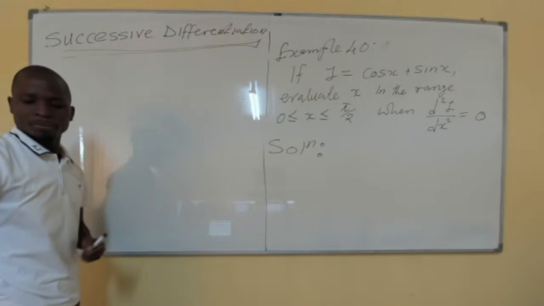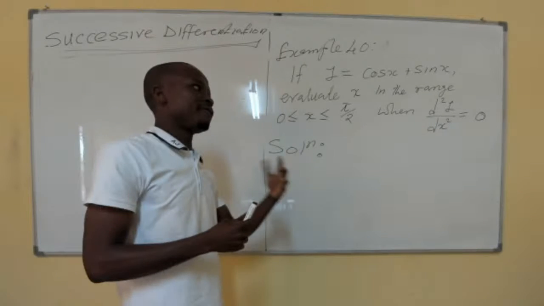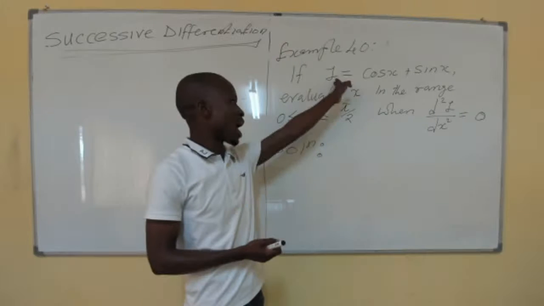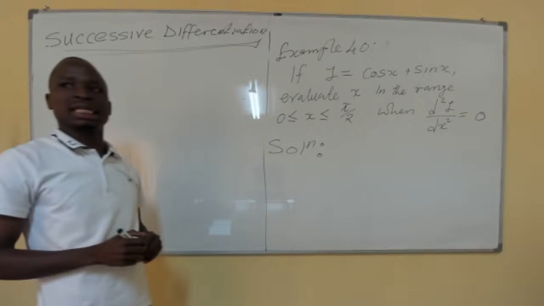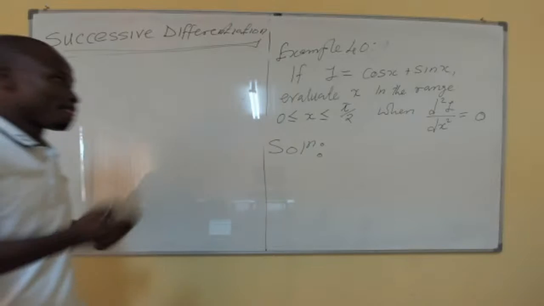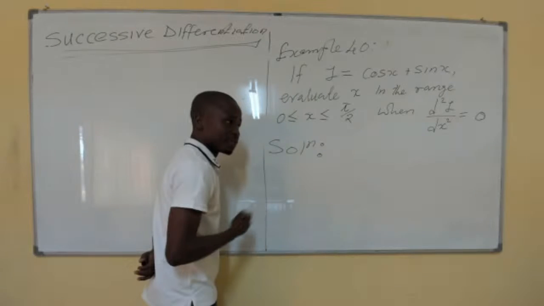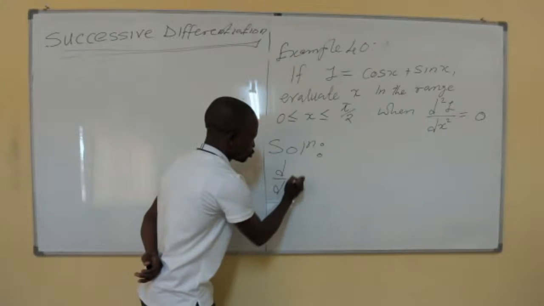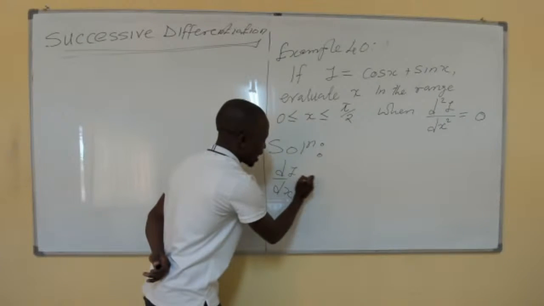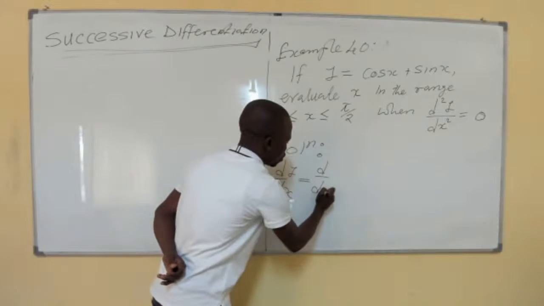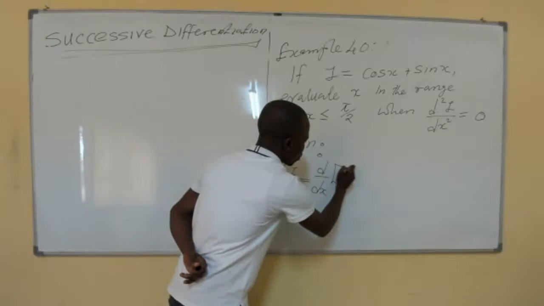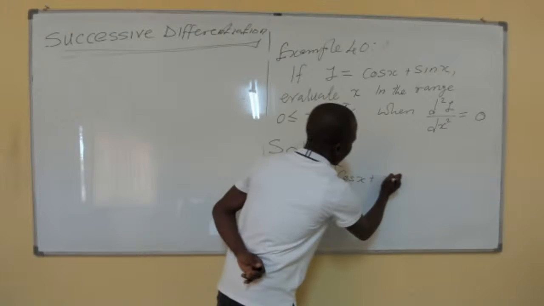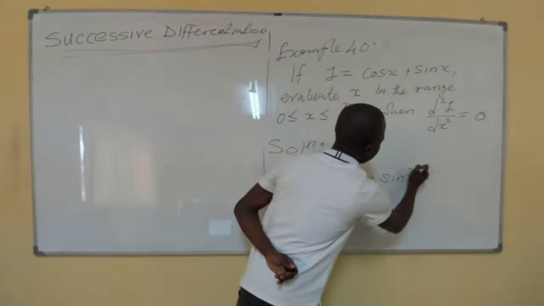The first thing we are supposed to do is find the second derivative of this given function y, which is equal to the cosine of x plus the sine of x. First, we need to find the first derivative. The first derivative with respect to x of y is the derivative with respect to x of cosine of x plus the sine of x.